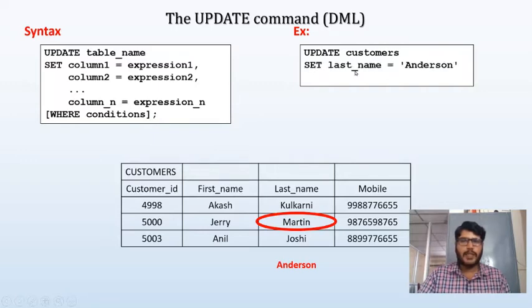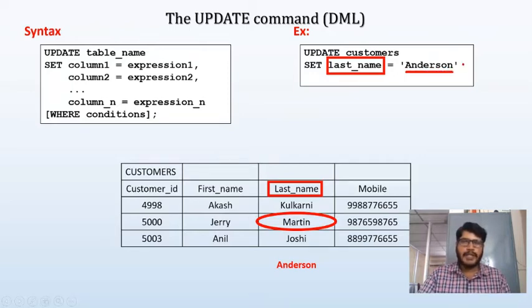After this we need to set the value for the last name column. As you can see here, I want to modify the last name value, so we need to specify the column name as last_name. I want to modify it with a new value, that is Anderson.